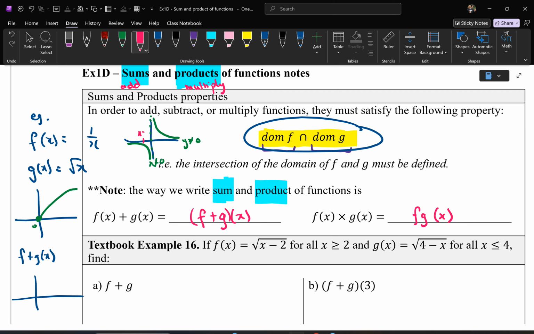If x was -1, I do have a y value for 1 on x, because 1 over -1 gives you a value. But the problem is that root of -1 doesn't exist. So root of -1 plus 1 on -1, you can't do this one. That's undefined. So where's the y coordinate? It doesn't exist, so you can't even sketch that graph.